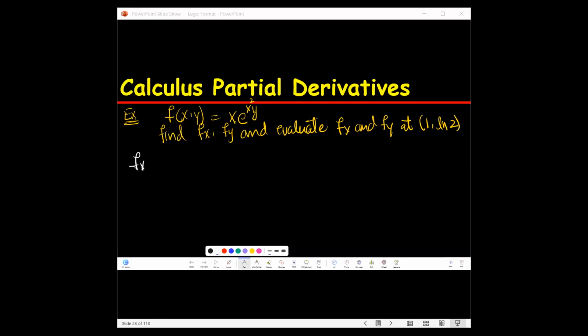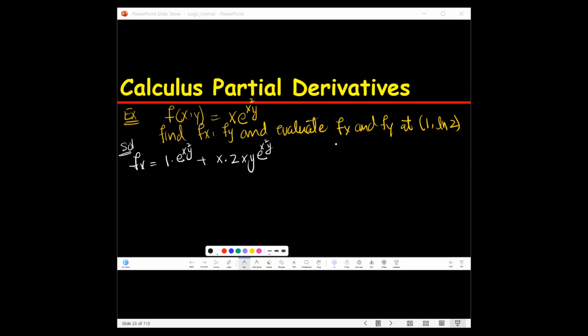I'm going to say my fx equals 1 dot e to the x squared y, with respect to x. So this is a product. This time I'm going to write x as is and take the derivative of e to the x squared y. Here's a function; the derivative is going to be equal to 2xy e to the x squared y.